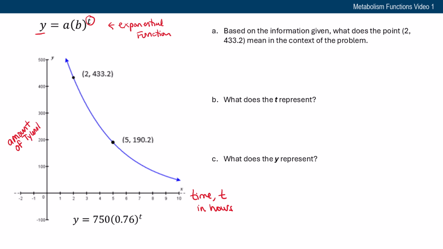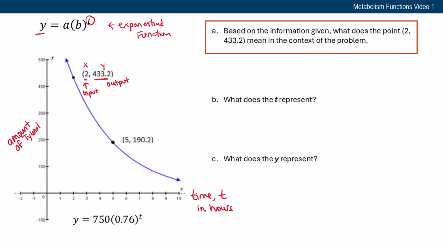Okay, so when we are looking at this exponential function, we've got all of this detail that is showing up on the graph. For example, we have the point (2, 433.2). The 2 is going to represent our input, because it's in the x position on a point. The 433.2 is going to represent the output, which is the y value.